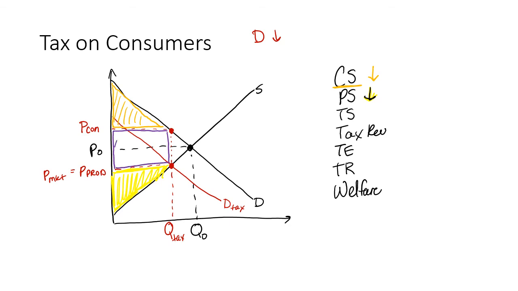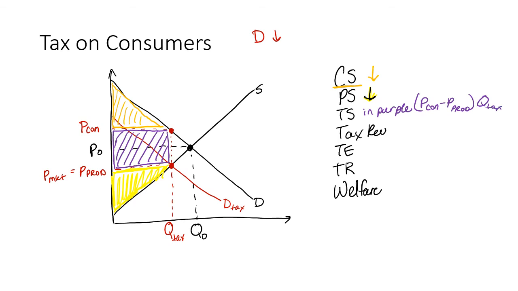And so this rectangle here is our tax revenue. So I'll just label that in purple. Just like before, if you wanted to calculate it, it's the difference between the consumer price and the producer price times the quantity after the tax.